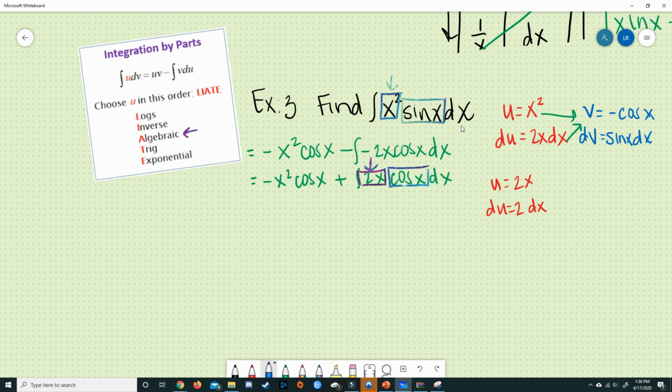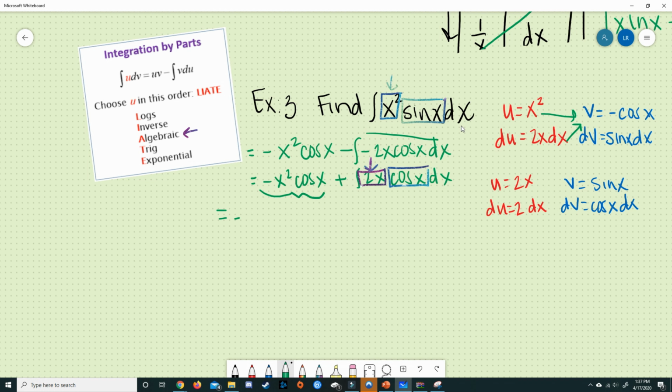That leaves dv as cosine of x, which would make our v, the integral of cosine of x, sine of x. So we're able to do this again. This piece is going to come down, because what we're doing is integrating this to try to get our full answer for this.